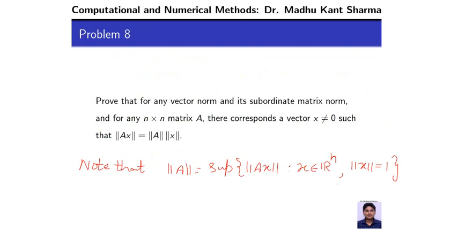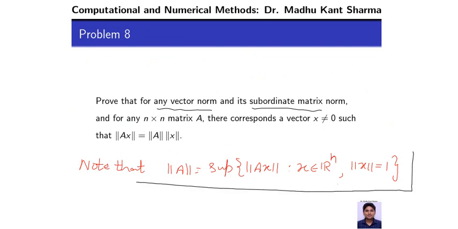This norm can be any norm on Euclidean space R^n. You have already seen that for the subordinate matrix norm, norm of AX is less than or equal to norm A times norm X for all X, but since norm X is 1, this is equal to norm A.